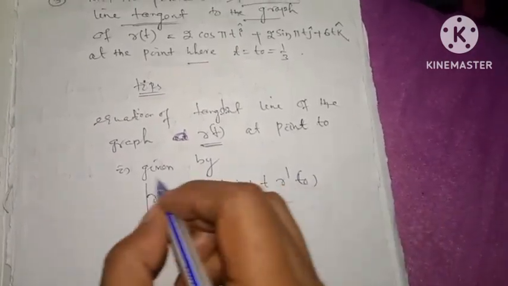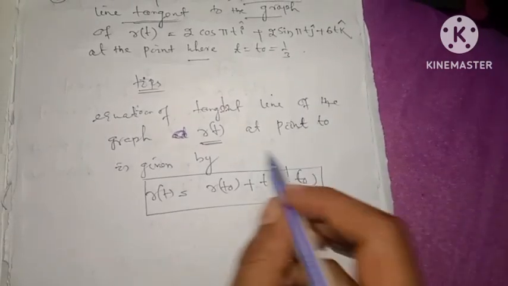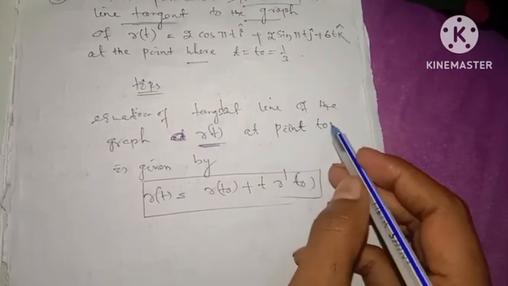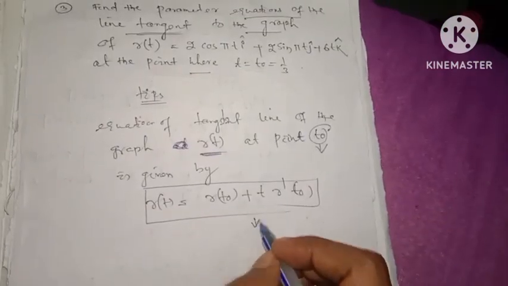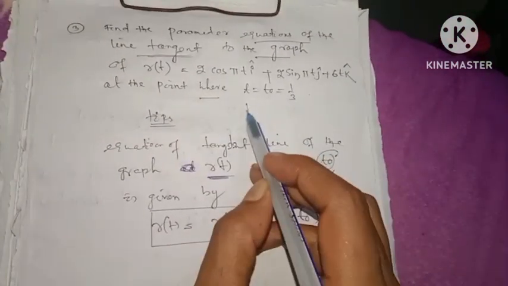This is the equation of the tangent line of the graph r of t at a point t naught. So by this formula I will solve this question.